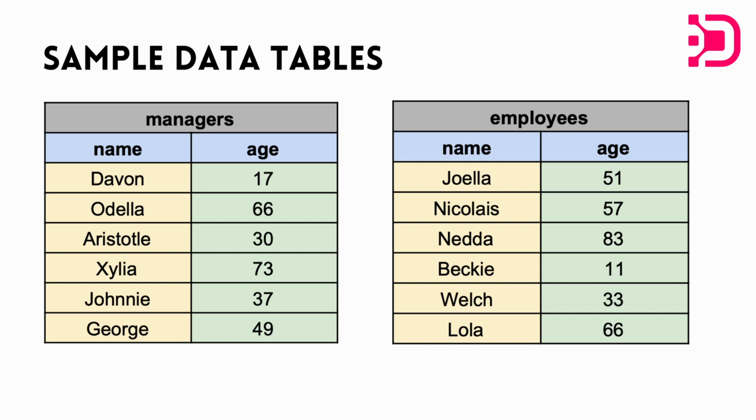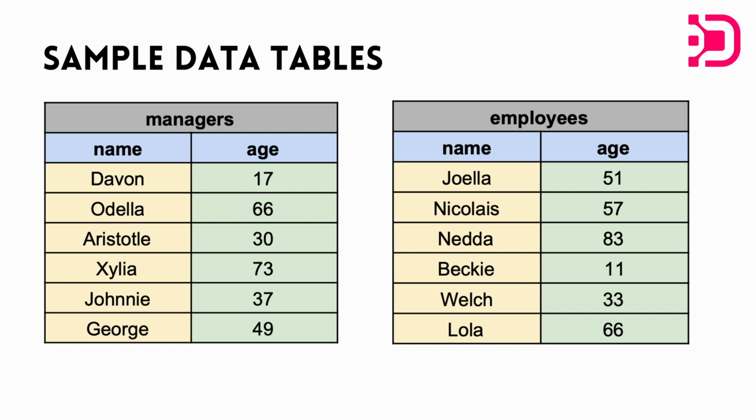When there's such little data, you can just visually compare, and you can see that in the employees table we've got Neda, who's 83 years old, who is older than all the managers. But transforming this into a query, so that we can use it on larger data sets where it's not possible to visually verify, is when the ALL operator comes into use.